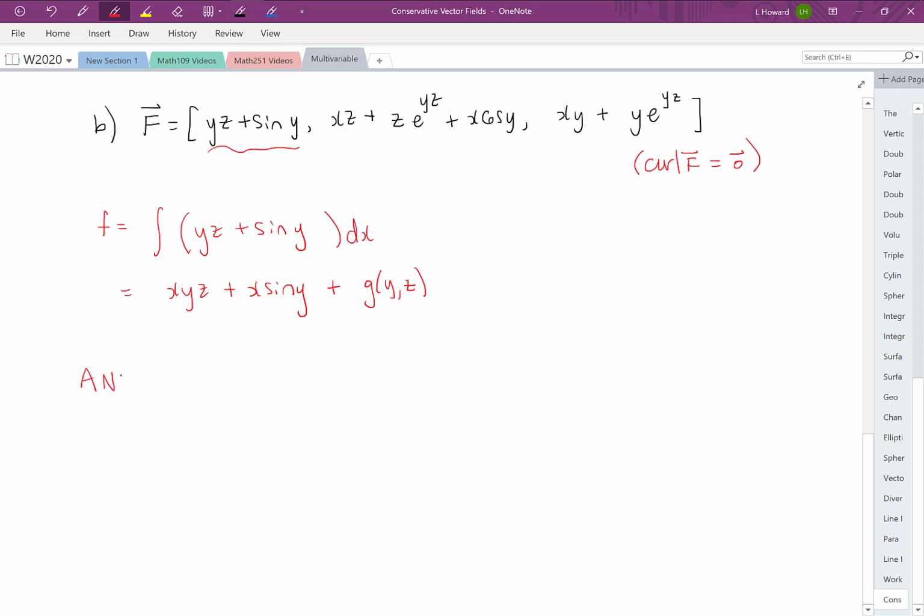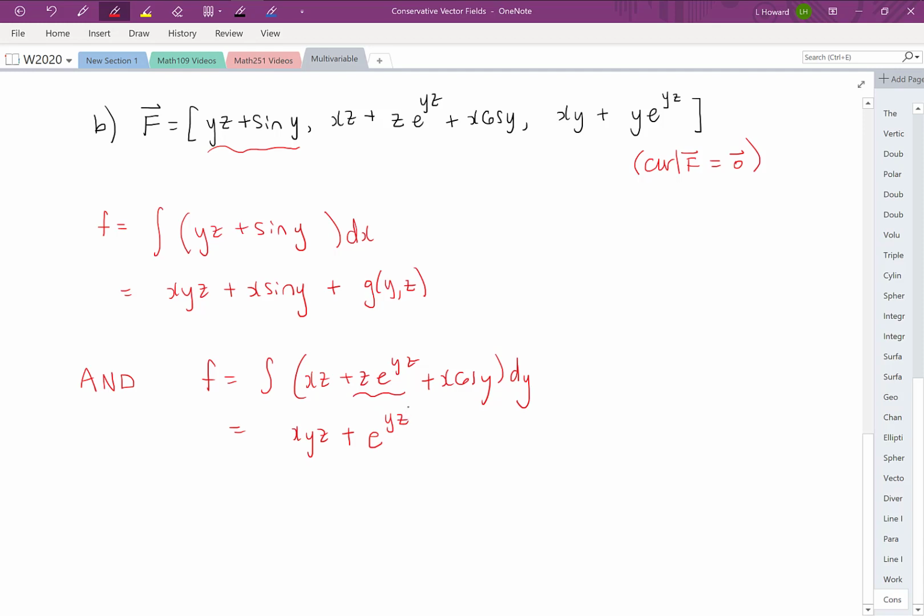We're going to look at 2 more points of view on f, and then we'll be able to put them all together to get complete information. So on the other hand, it's also true that f is the integral of the middle component, xz plus z e to the yz plus x cos y. That integral is with respect to y. Integrating that, we get xyz plus, this term here just integrates to the exponential, e to the yz.